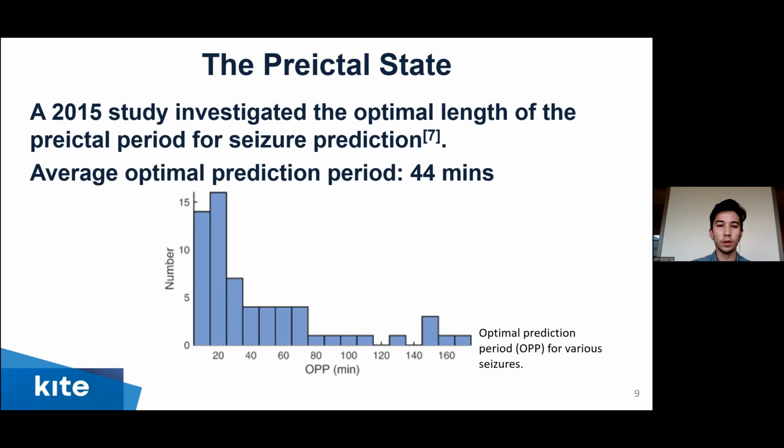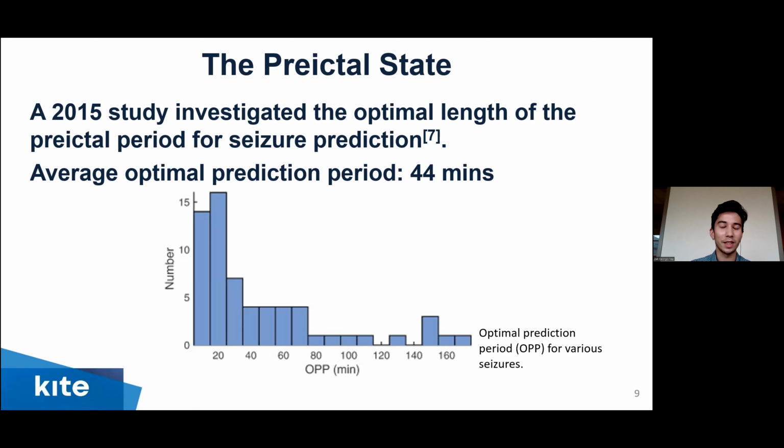A recent study used statistical analysis to investigate what the optimal length for the preictal period could be for seizure prediction. They found optimal prediction periods ranging anywhere from 5 minutes all the way up to 173 minutes, with an average of about 44 minutes. What's more is that they also found that this optimal prediction period varies on a per-seizure basis, even within the same patient.